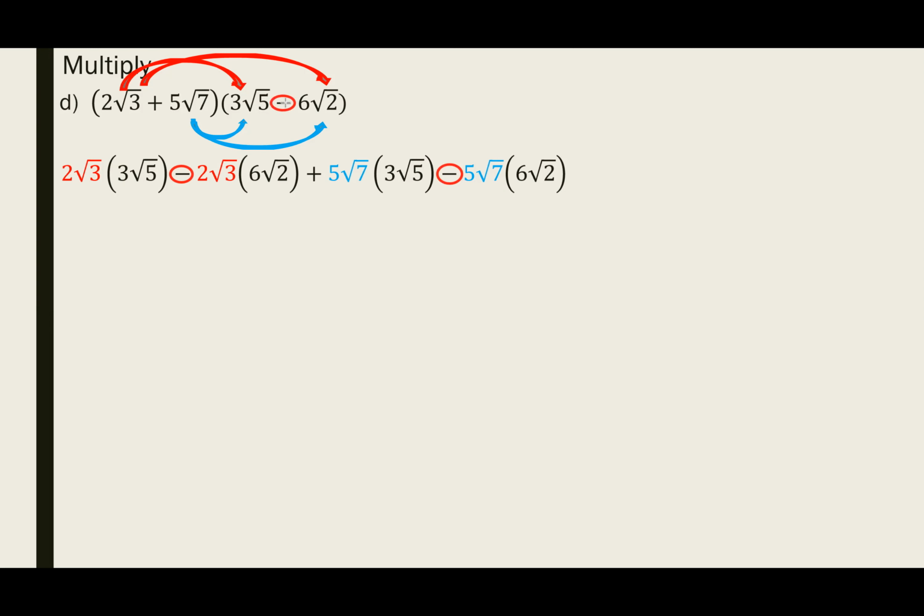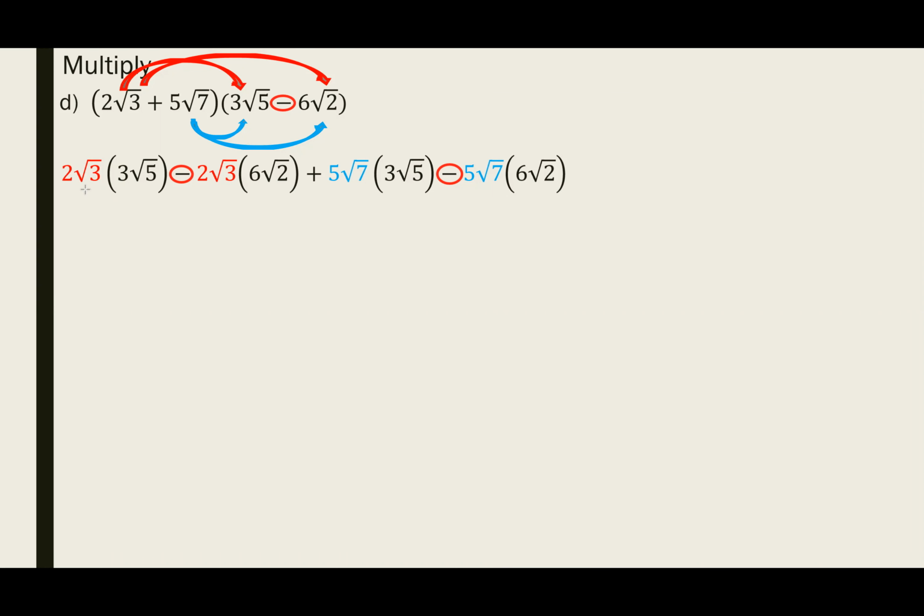So everybody see that technically all we do is we take the first term and multiply it to the second parenthesis. We take the second term and multiply it to the second parenthesis. Hopefully now you see that we basically have 4 individual problems.